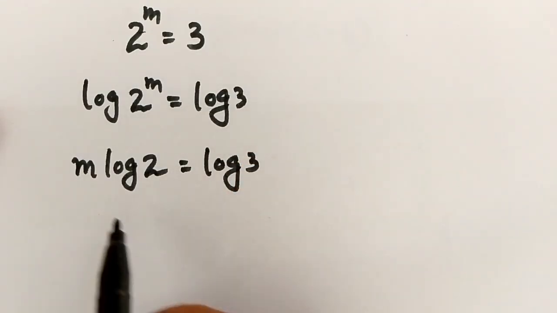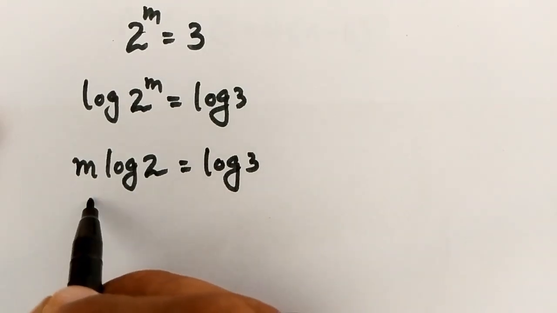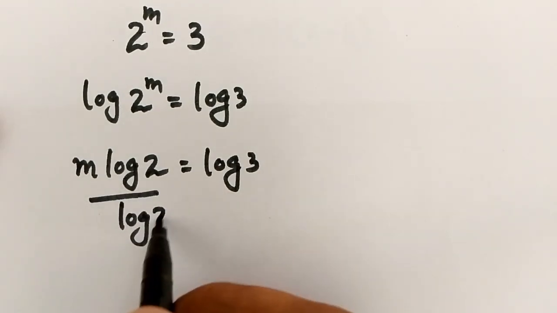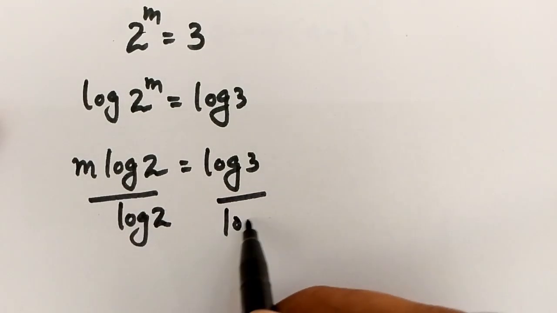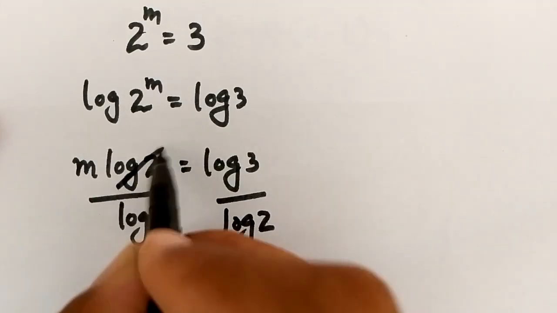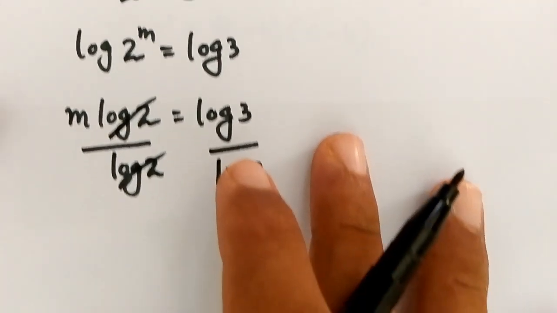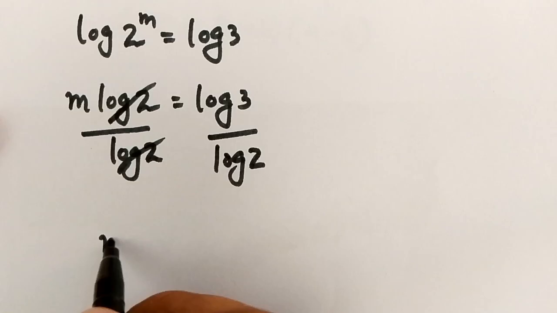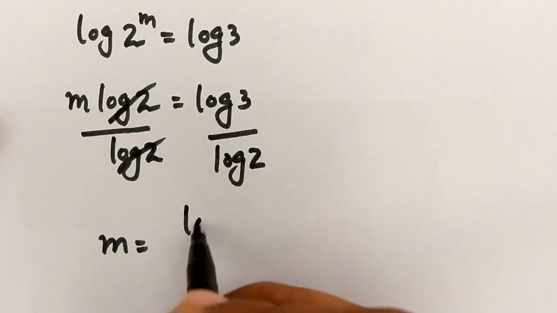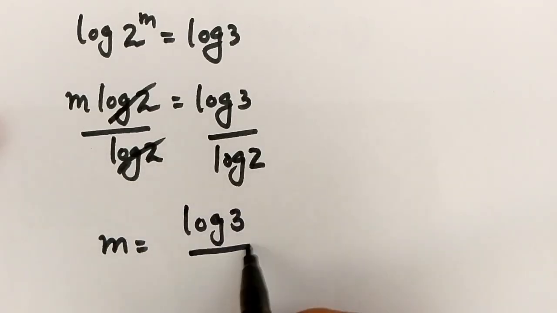Now we have to divide both sides by log of 2, so this side divided by log of 2 and also this side divided by log of 2. This log of 2 cancels with this log of 2, here m is left, m is equal to log of 3 divided by log of 2.